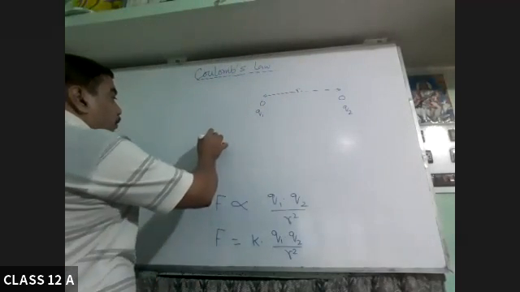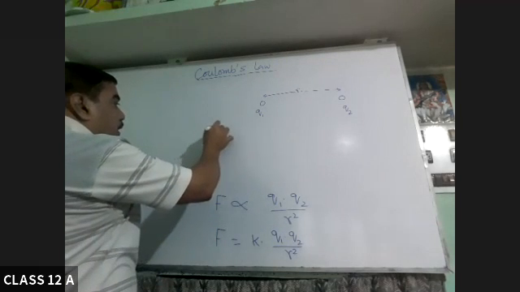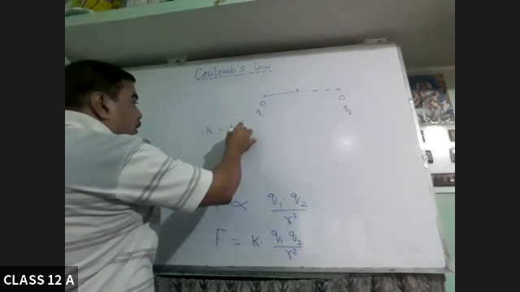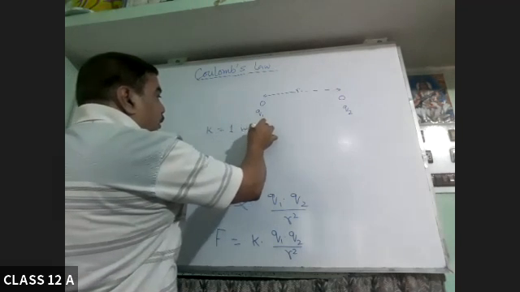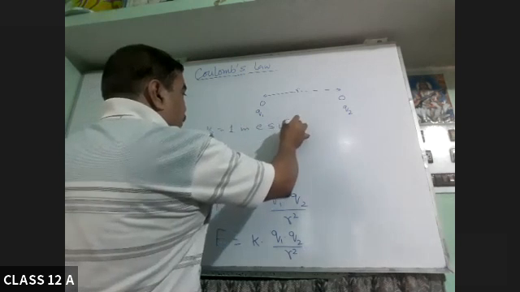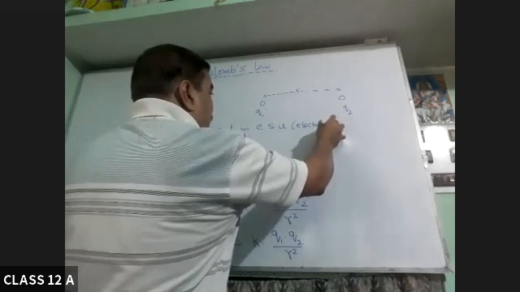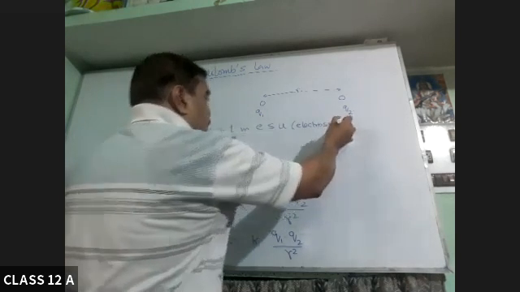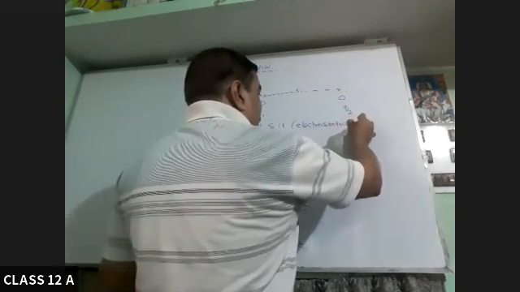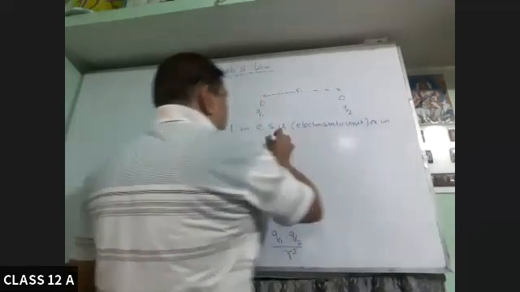This value of K, so this K is 1 in ESU, that we call electrostatic unit, or in CGS unit.